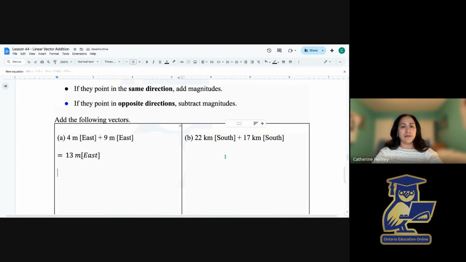Okay. Similarly, over here, for B, I have 22 kilometers south plus 17 kilometers south. They're the same direction, and so I'm going to add the magnitudes. So that will equal 39. Let's type 39. This is kilometers, and the direction would be south.